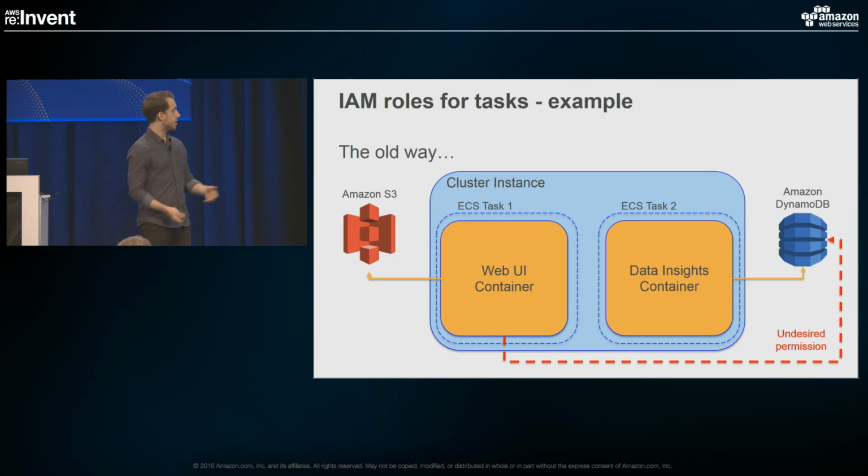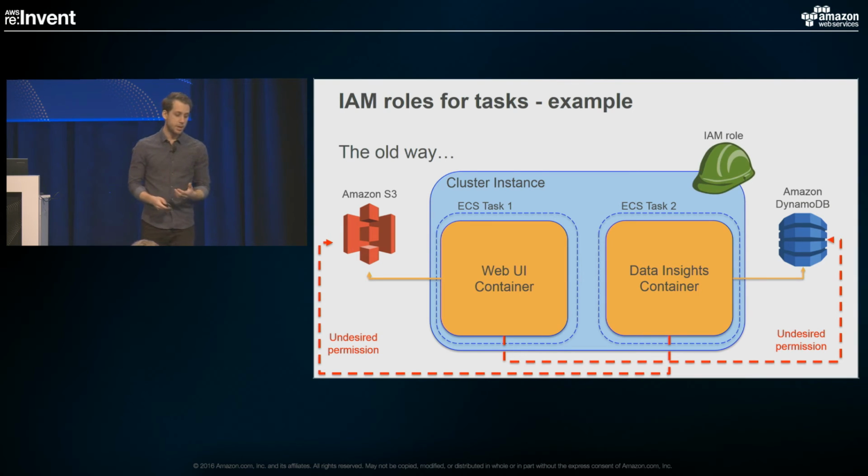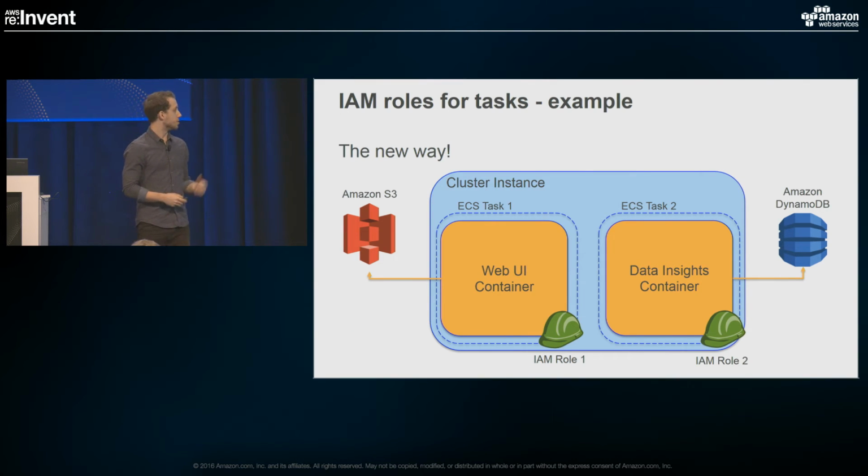That web UI container in the old model would be able to access DynamoDB because they would be using the same underlying IAM role attached to that cluster instance, and vice versa. The data insights container would be looking at S3. This is, of course, undesired. You don't need this kind of cross-reference. And the reason that was there is because that IAM role was actually attached to the instance and not the task. So this is the new way, right?